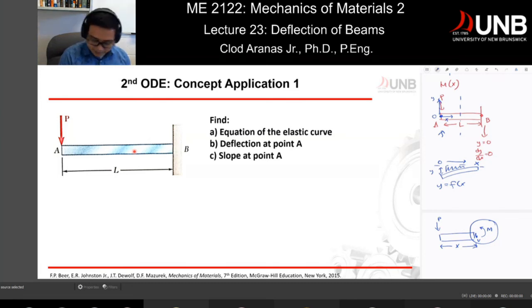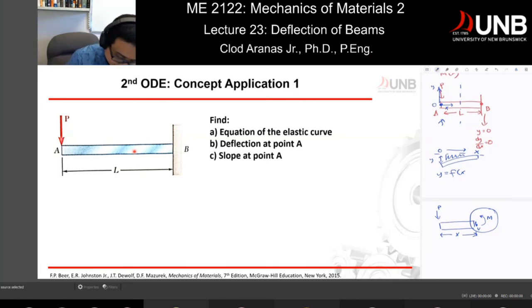If I sum my forces along y, which should be equal to 0, and assume downward is negative, that would be negative P and negative V, that's my shear right there, and that would give me V is equal to negative P. So I have that relationship for my V is equal to negative P.